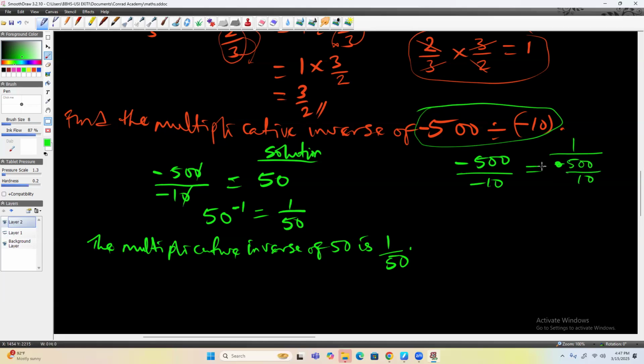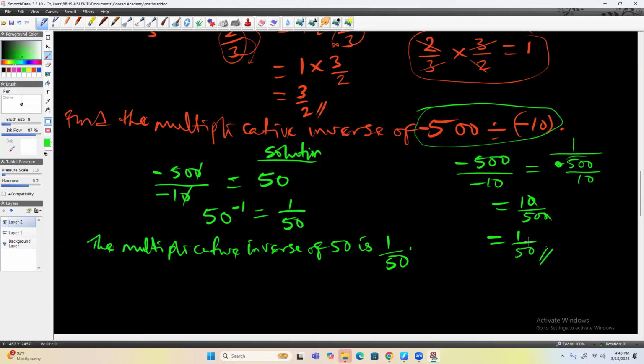Since now the denominator is a fraction, this 10 will go up, 500 will come down. So you now have 10 over 500. At the end of the day, this will cancel and you still have 1 over 50. So it's up to you to decide what you want to do.